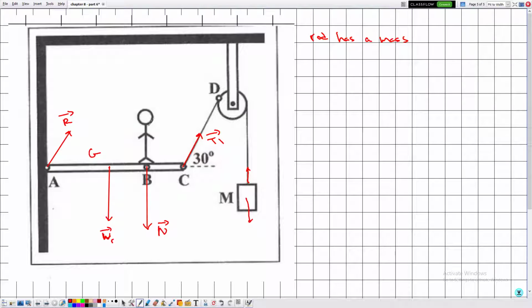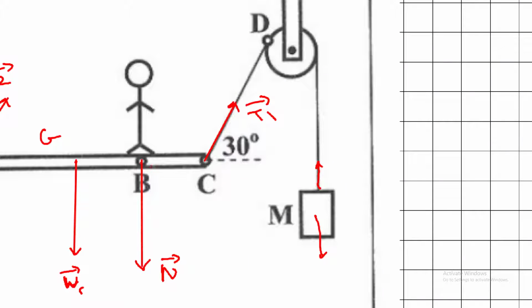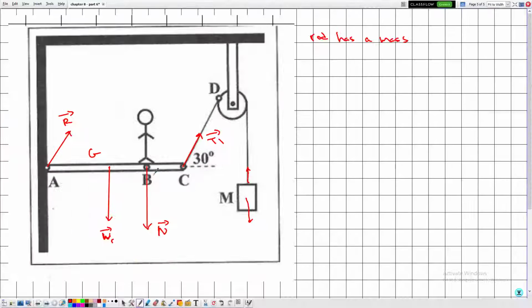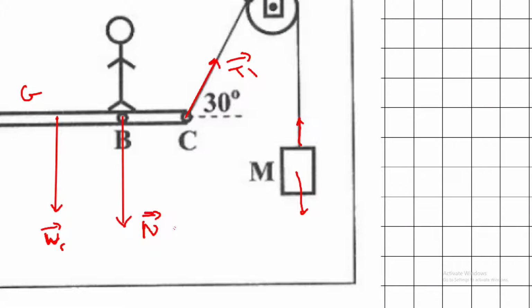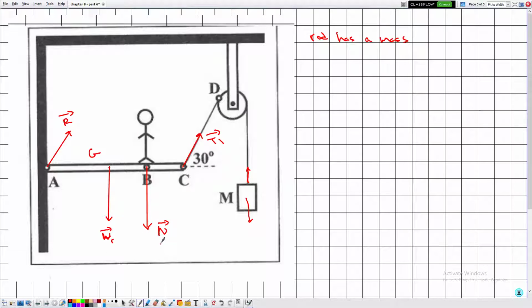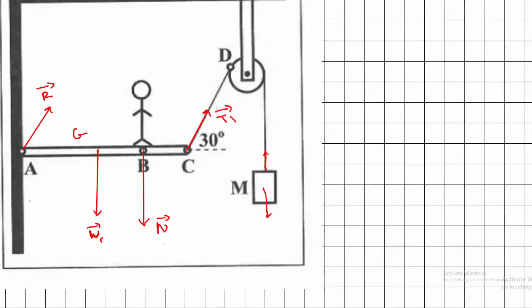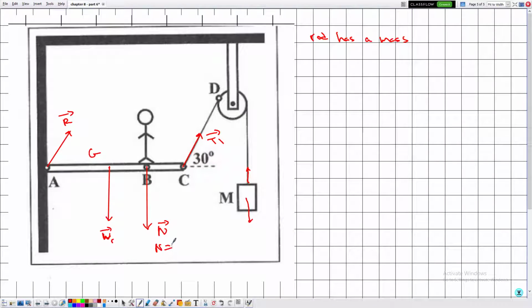It's coming from the weight of the man, but it's not the weight. It's the normal reaction at the point B coming from the weight of the man. Now, what will be the magnitude of this force? As I have justified previously, we can directly use that the magnitude of this force N is equal to W, the magnitude of the weight of the man.